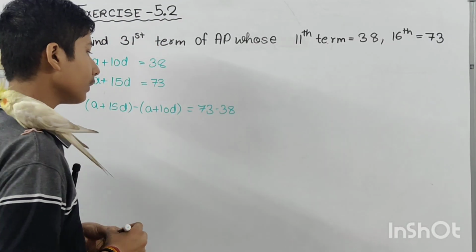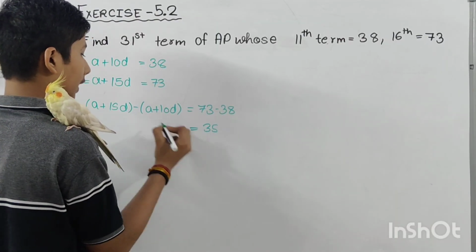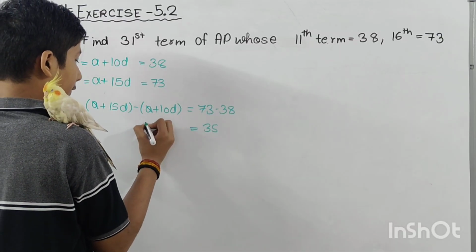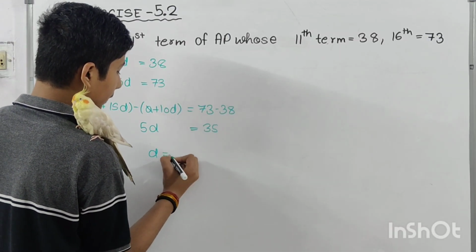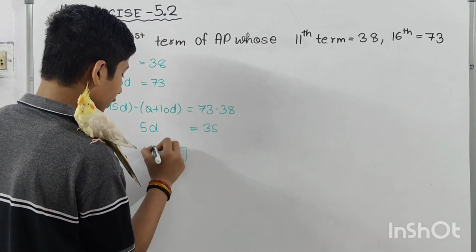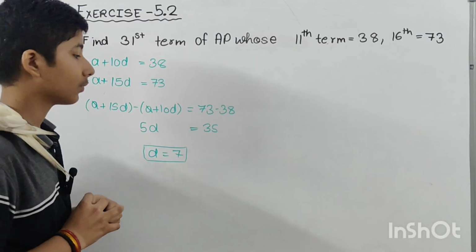So it will be 35, and here a cancels because the signs will change, and it will be 5d equals 35. So d will be 7. So the difference is 7. We don't know the first term.